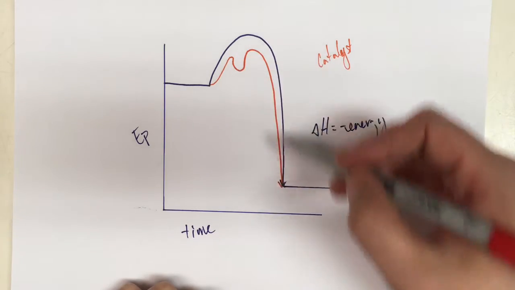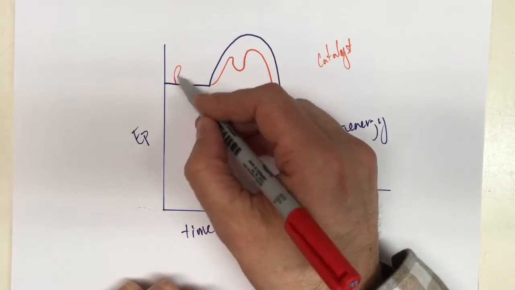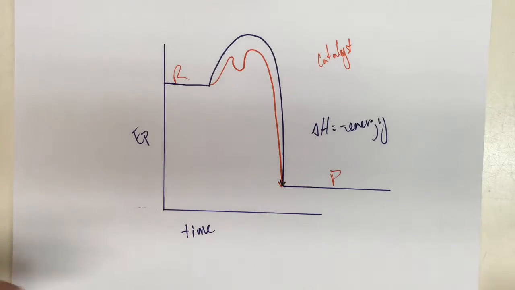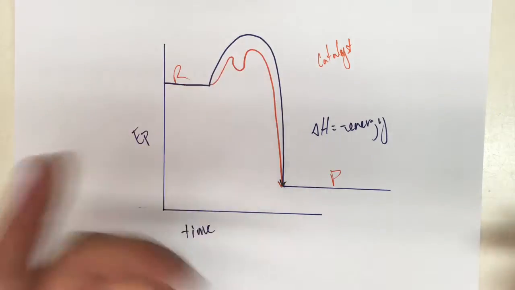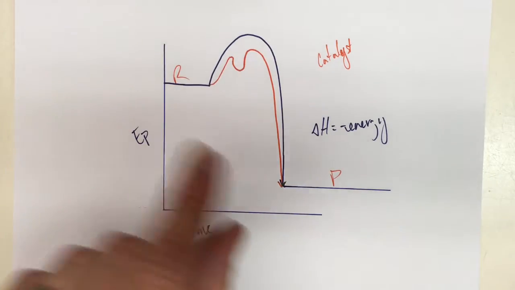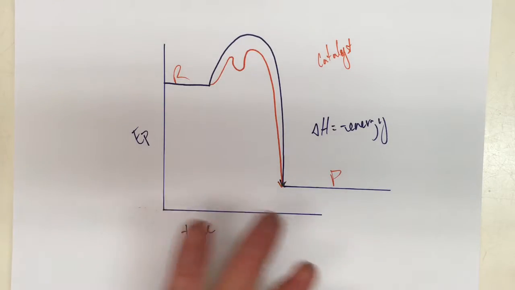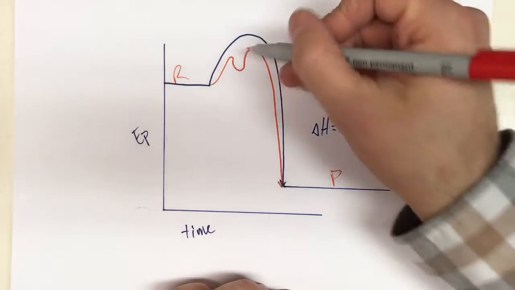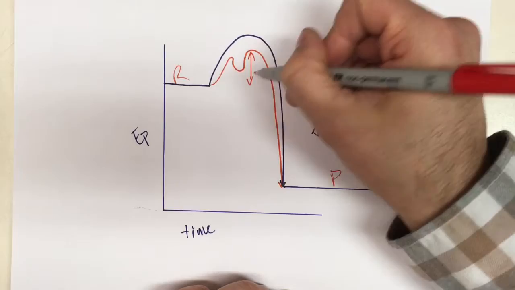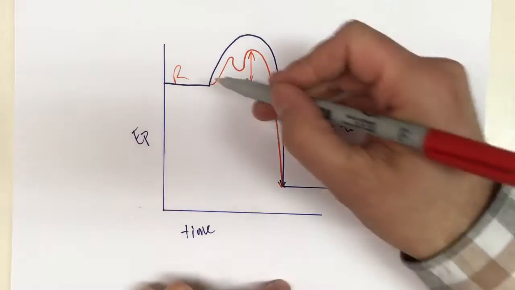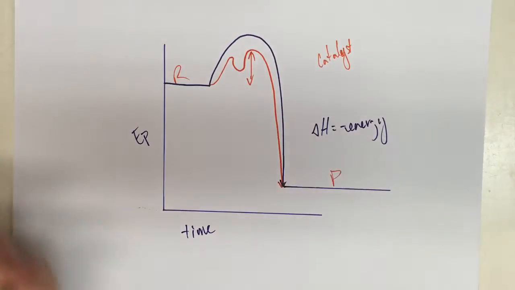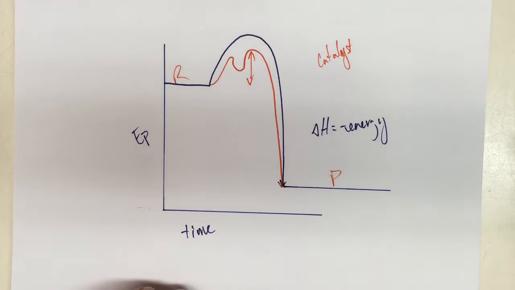It's gone through multiple steps, but you have the same reactants and the same products, kind of like Hess's law. Because each of these reactions has a lower activation energy, they end up giving an easier pathway with a lower total activation energy than if you were just trying to do the direct reaction from the reactant to the product.